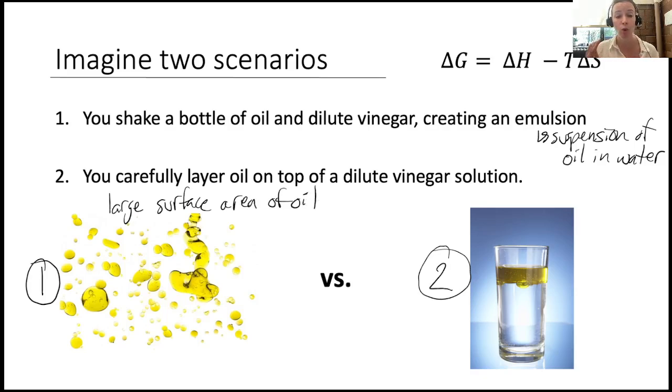So we have much more oil interacting with water if there's a large surface area. On the right-hand side, comparatively, we have a smaller surface area. So we have fewer water molecules interacting with the oil. And this wraps up our definition of the hydrophobic effect.